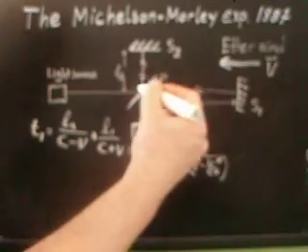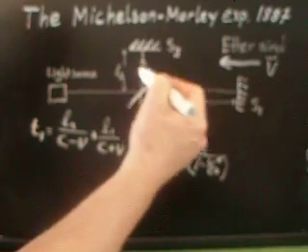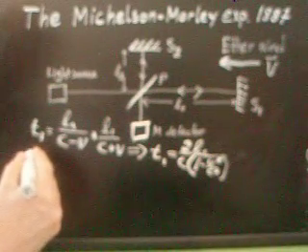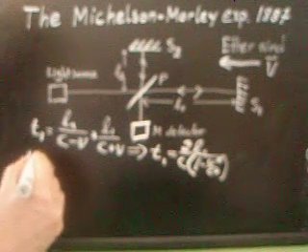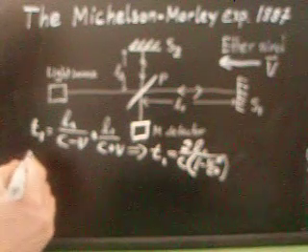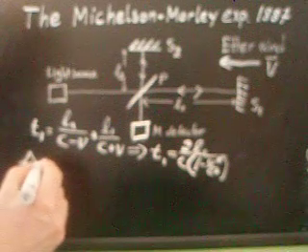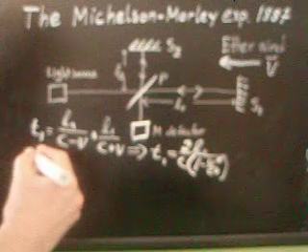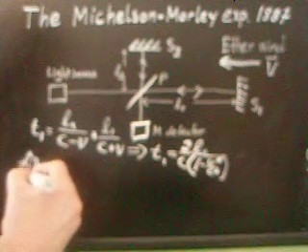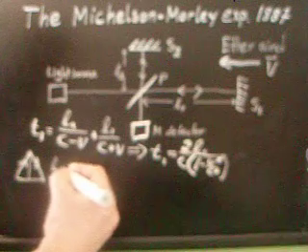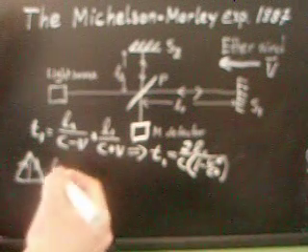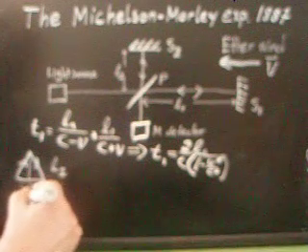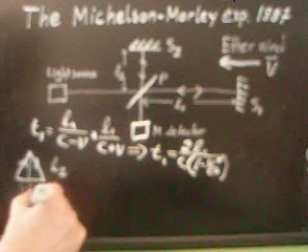Then we calculate the time it takes to go from P to mirror S2 and back. We call this T2, and it's easier to calculate this by using the system of the ether. Here the light ray will create a triangle with a height of L2. The base will be vT2, so half the base will be vT2 divided by 2.